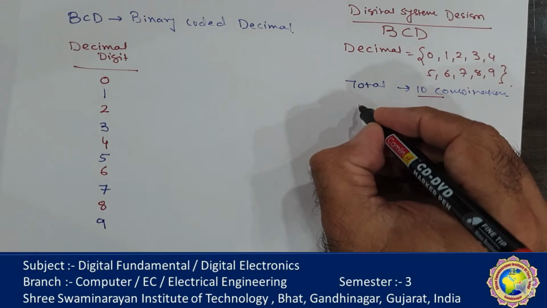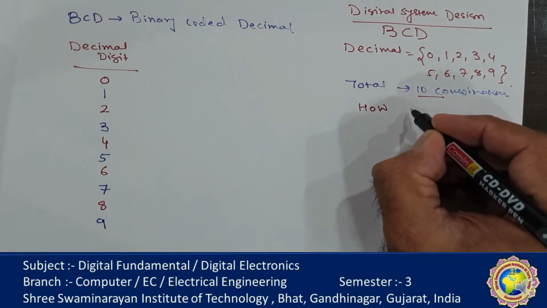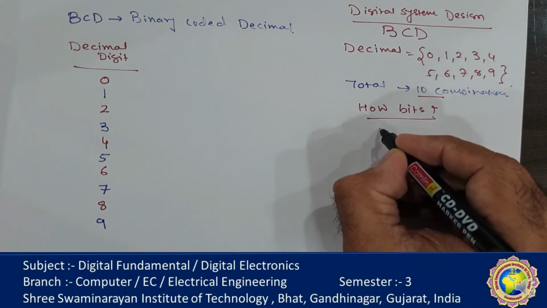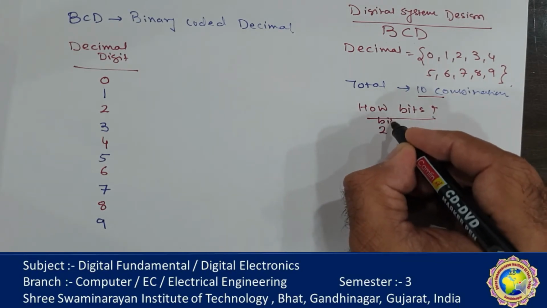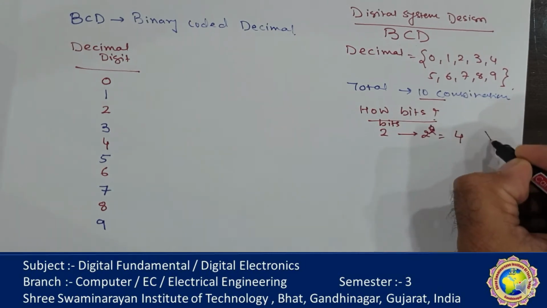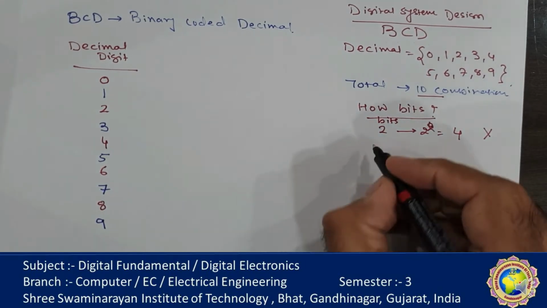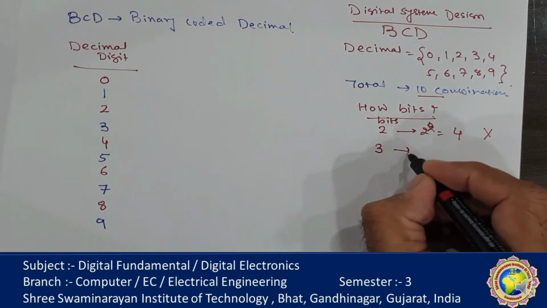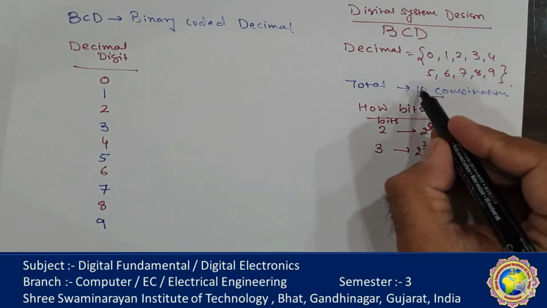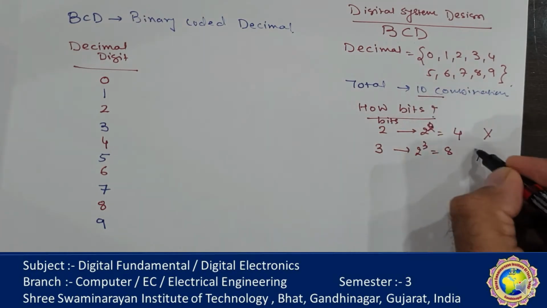Now, how many bits are required, or how many digital signals required? Suppose 2 bits, total combination 2 raised to 2, 4, not possible. If I select 3 bits, it will become 2 raised to 3, 8. So still 8, 2 combinations will be left, so not possible.